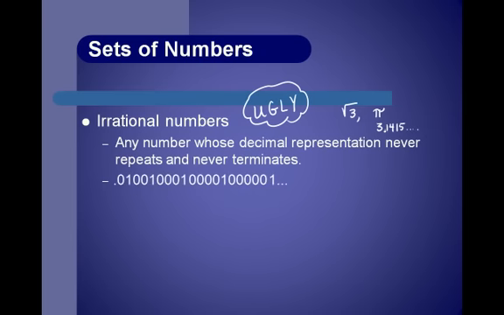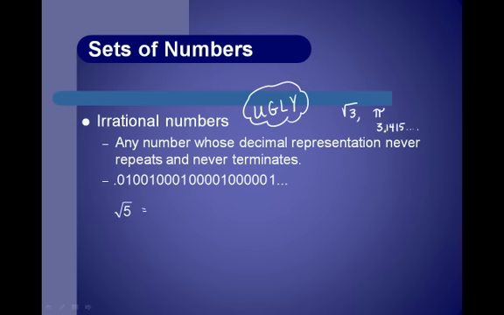Another example is the number 0.010010001. It looks like it repeats, but there's no part of that number that goes on and on and on in the same pattern. The square root of 5, there's not a number that multiplied by itself will give you 5. That number is 2 point something something something.